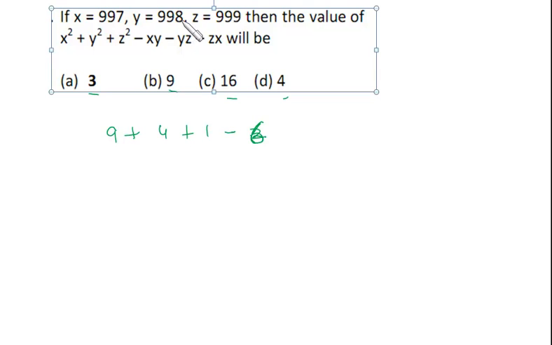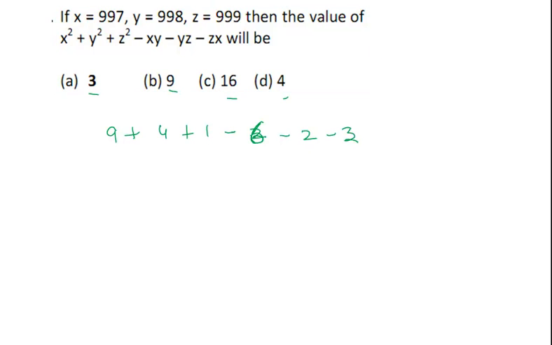Then yz 8 into 9 72, so that's 2. Then xz, that is 7 into 9 63. Okay, so here it is 6 and 3 is 9 and 9, 14 minus 2 is... it is 3. So answer to this problem is 3, because we just have one option with unit digit as 3, right?